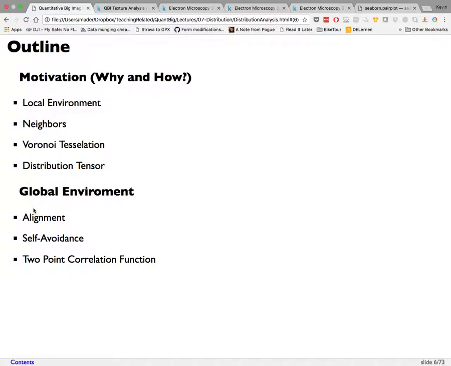The global environment aspects will then cover beyond the immediate vicinity of one object that you're looking at. What the global environment focuses on are things like alignment. As we mentioned, I think in the very first lecture, when you have a bunch of cells or a bunch of fibers that are oriented in a specific direction, it's very easy to measure their orientation.